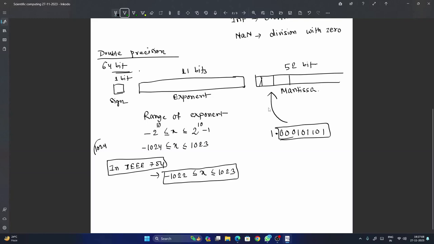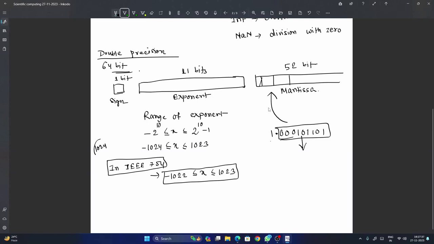It always first converts the number to the normalized form, and you all know that in the normalized form this pattern is always the same. So it automatically assumes there is a 1 point before that mantissa, and it saves only that fractional portion in the mantissa, and in this way it can take one more bit in its system.